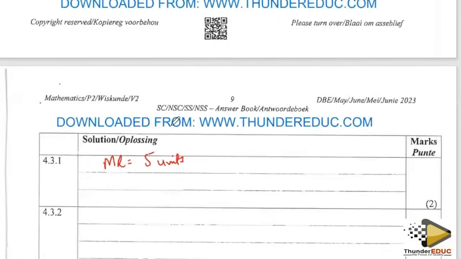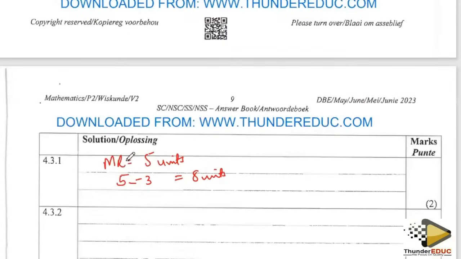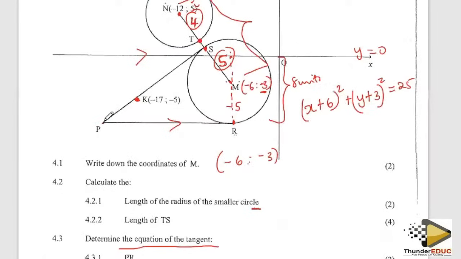If I have 5 minus 3, that's gonna give me 8 units, which means from here up to R, those are 8 units. They are down. Just like negative 3 minus 5 must give me negative 8. So y becomes negative 8.